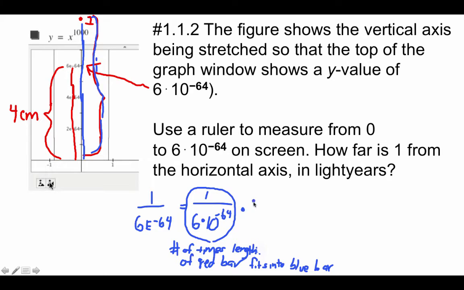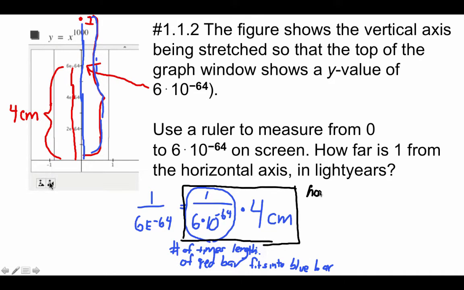So if we multiply that by 4 centimeters, this gives me how far 0 is from 1 in centimeters.